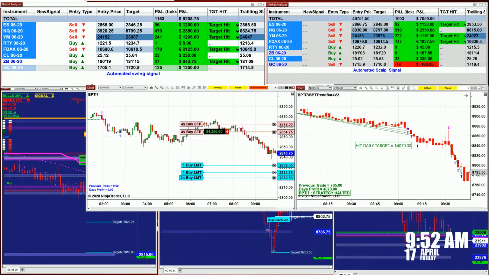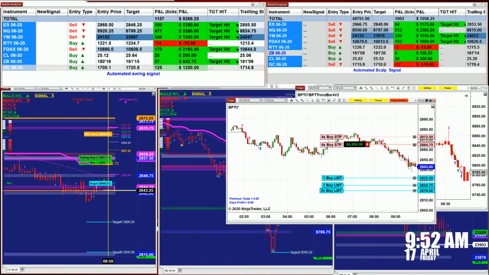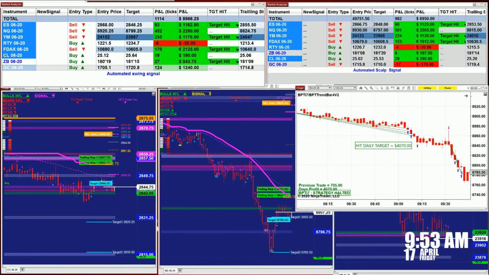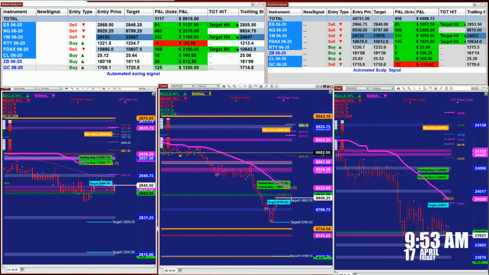So at the moment, we have already hit the targets on the swing trading, and I'm not expecting any more movement. If we take this one here out of the way, and this one here out of the way, we see we're still to the downside.